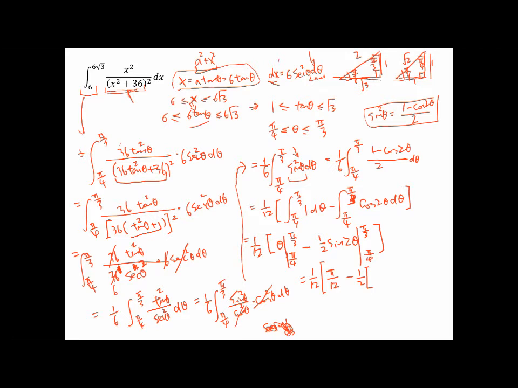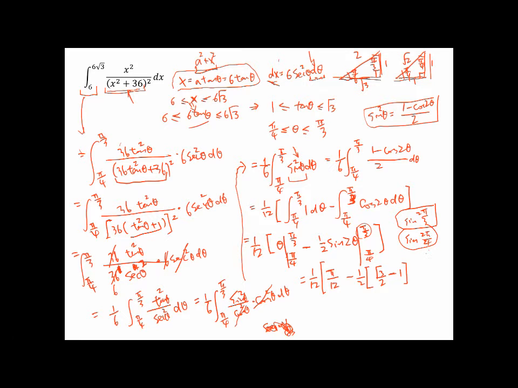So if I plug in pi over 3, that's going to be sine 2 pi over 3, right? So sine 2 pi over 3 is square root 3 over 2, minus plug in pi over 4, which is sine of 2 pi over 4. What is here is sine pi over 2, which is 1.